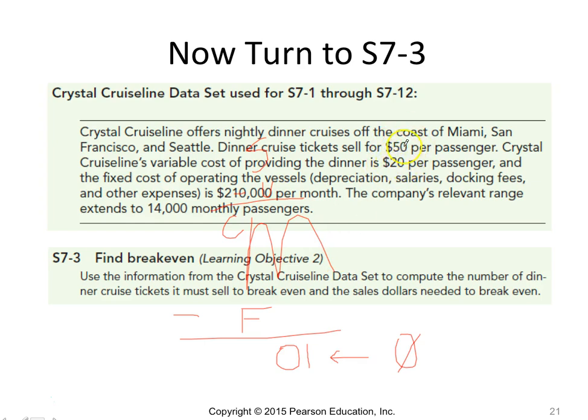Also, we know how much per unit is here. So basically, you have 0 here. You can find out contribution margin by making contribution margin equal to fixed cost. So fixed cost is 210,000, and then you have sales minus variable expenses.